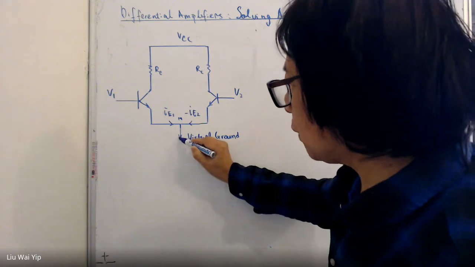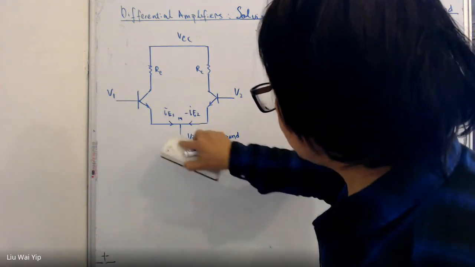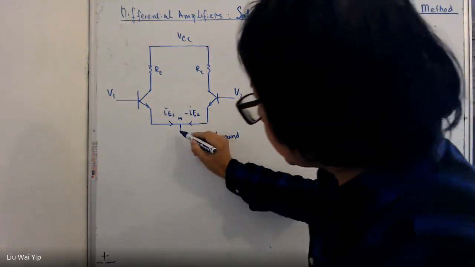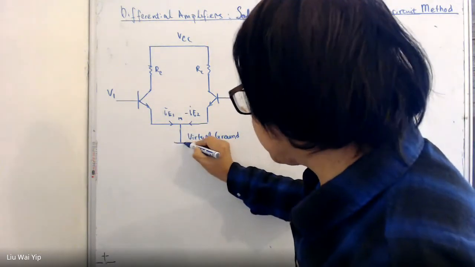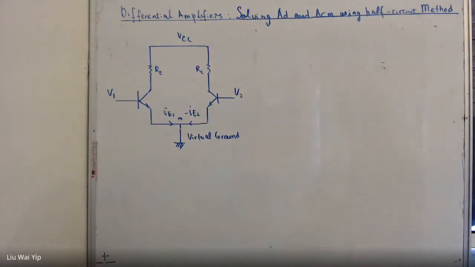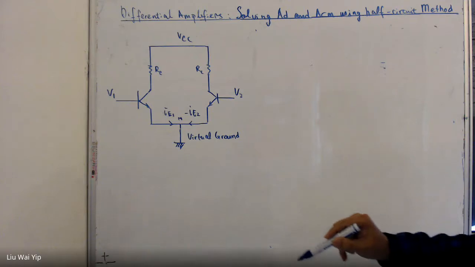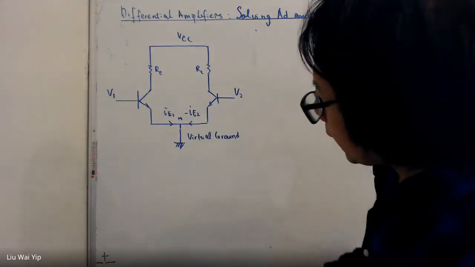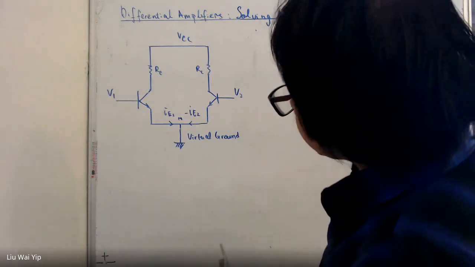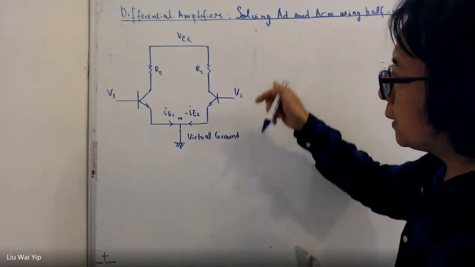And this ground is not very much different from the physical ground, with the exception that there is no current going into this ground here. So in other words, we can assume the circuit as two halves.